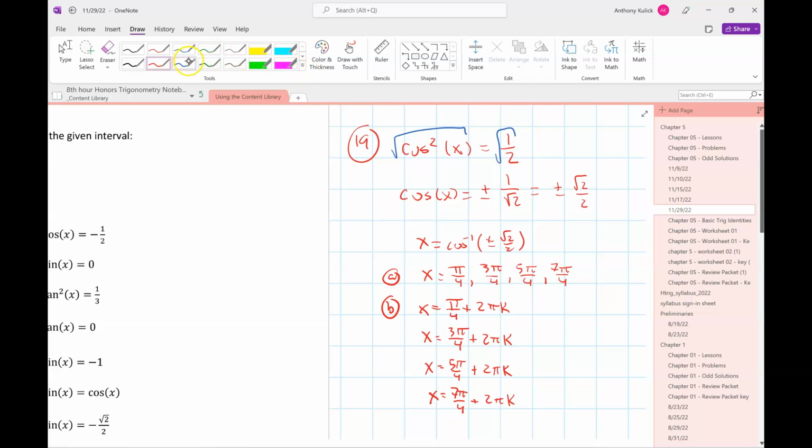So if you notice, between these two is a half a pi. Between those two is a half a pi. Between those two is a half a pi. So every half a pi, I'm going to run into a solution.